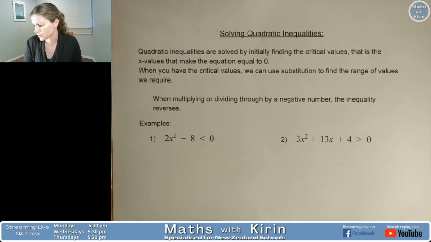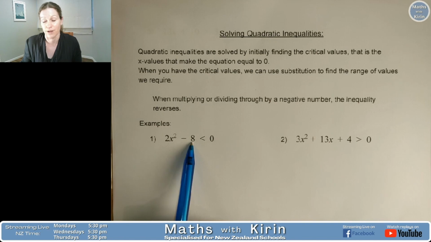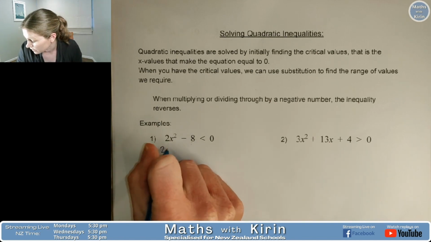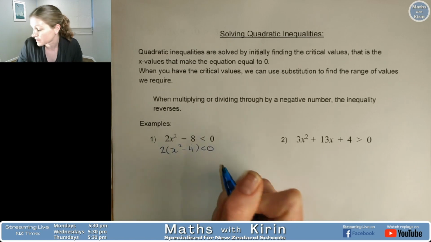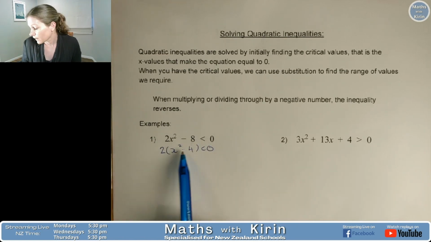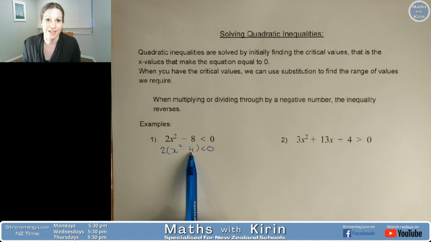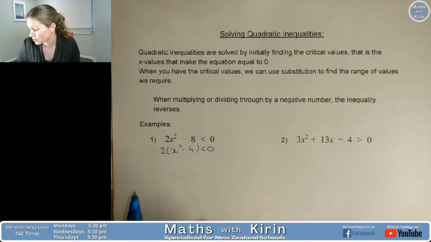Okay, so we're going to start with this first one. So we want to factorize. I'm going to actually take out our common factor first because you can see that 2x squared and 8 have a common factor of 2. So if we take that out in front, we've got x squared minus 4. That's still less than 0 at the moment. This we can factorize. It's that difference of two squares. We've seen those quite a few times.